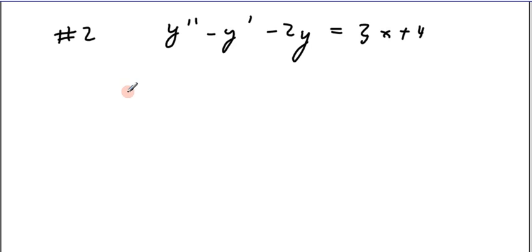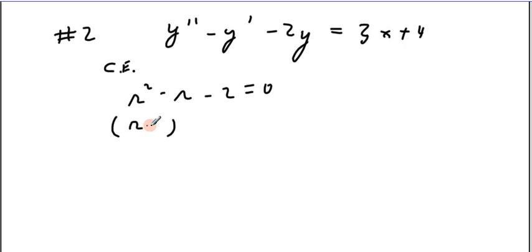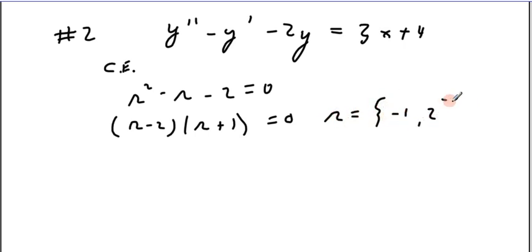Alright, so y sub p is going to be, well, first of all, we're going to have to come up with the characteristic equation, and I'll explain why after I solve it. r squared minus r minus 2 is 0, and that's going to factor r minus 2, r plus 1 is 0, so my r is going to be minus 1, 2, and my homogeneous solution is c1 e to the minus x plus c2 e to the 2x.